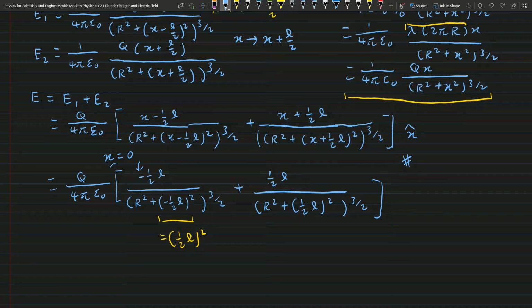So the whole part here we will get 0. And so the E field at the origin will equal 0. That means this is consistent with our intuition. So this is one way you can try and verify your answer.